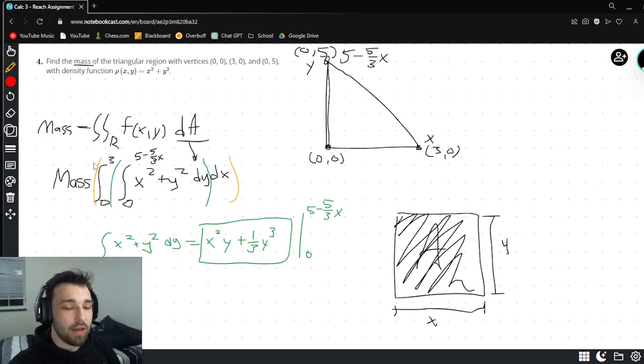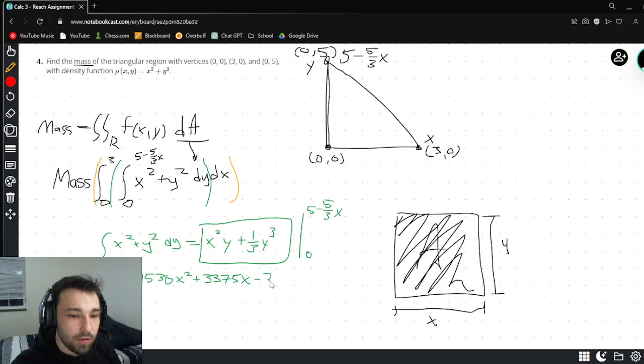Once you do all of that good algebra, that's going to end up simplifying after quite a few steps, it looks like here, negative 260 x cubed minus 1530 x squared plus 3,375 x minus 3,375 again. Cool. And that is all over 81.